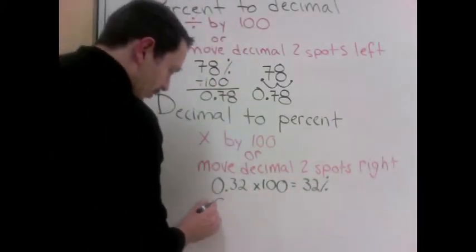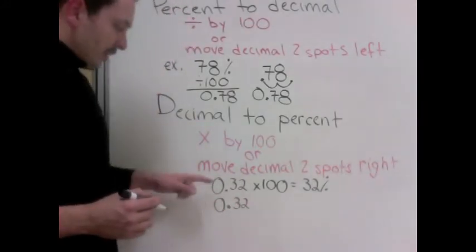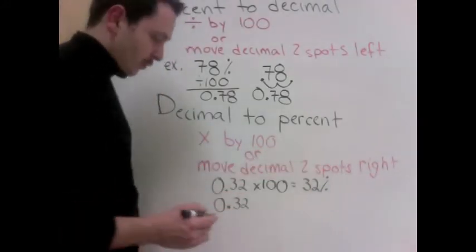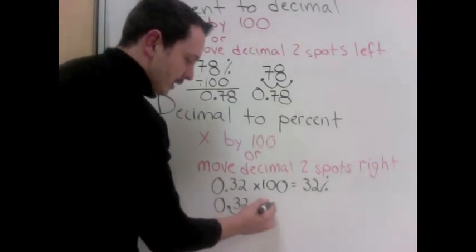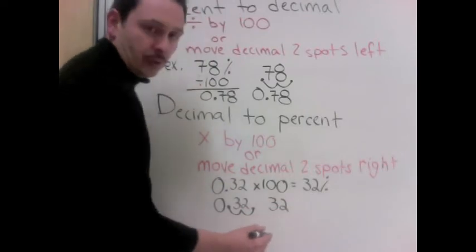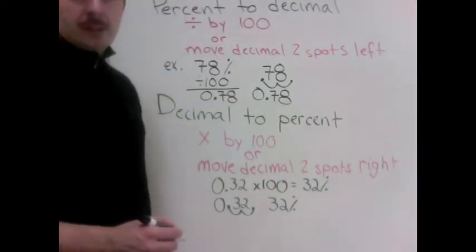Or I could have started with 0.32. And the second method was to move the decimal 2 spots to the right. So if I take my decimal, take 2 hops, I get 32, and now it is a percent.